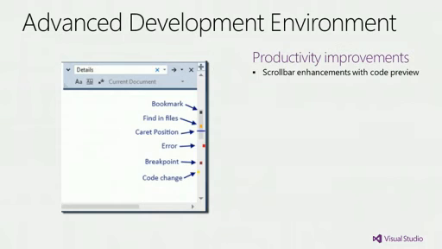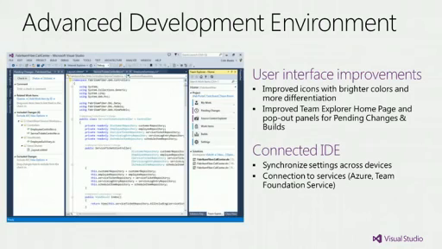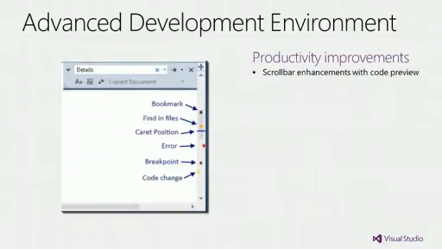Moving on in terms of productivity, let's head to some of the scroll bar improvements that we've made. Basically, we borrowed some of the improvements that we put inside Power Tools to enable us to annotate the scroll bar and put small glyphs into it.